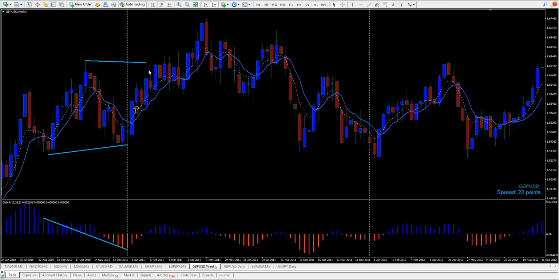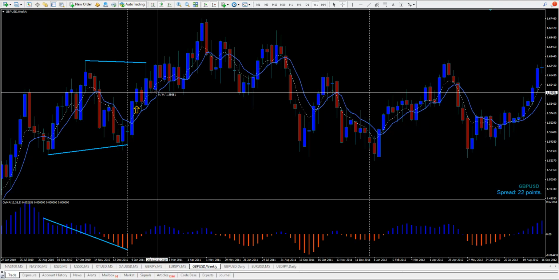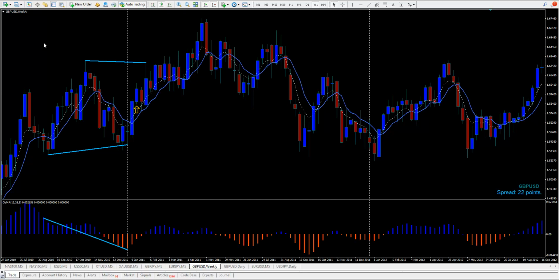And that's what they did. They took profit and took it right back down to here. See? It went back down 300 pips. Oh, by the way, this is the pound dollar, Great British Pound, US dollar pair that we're looking at on the weekly time frame.